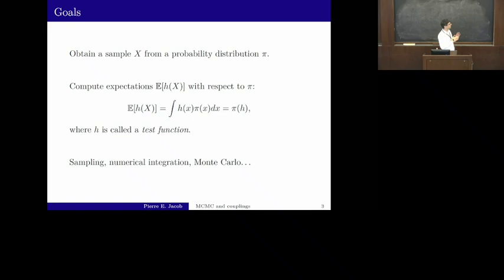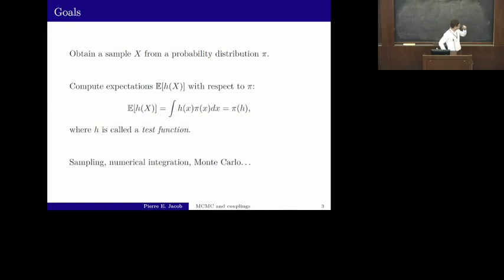So in general, there's a function h. Maybe it's just the identity function also, that's a usual case, and then you're interested in obtaining the expectation of x. Okay? With different choices of test function, you access different aspects of the distribution, all the moments, for example, the variance, and so on.